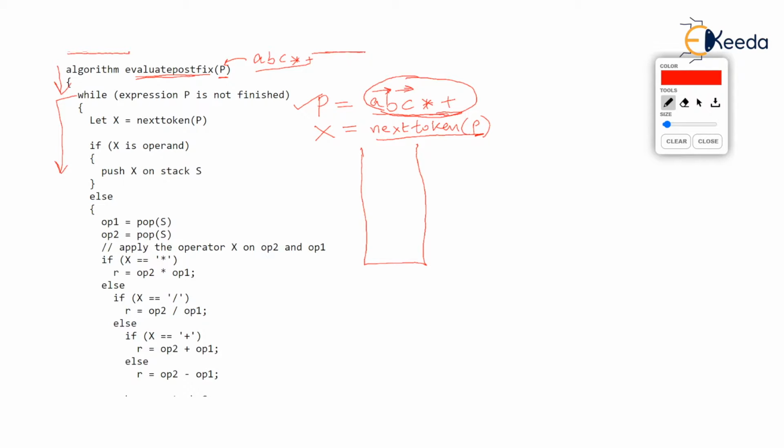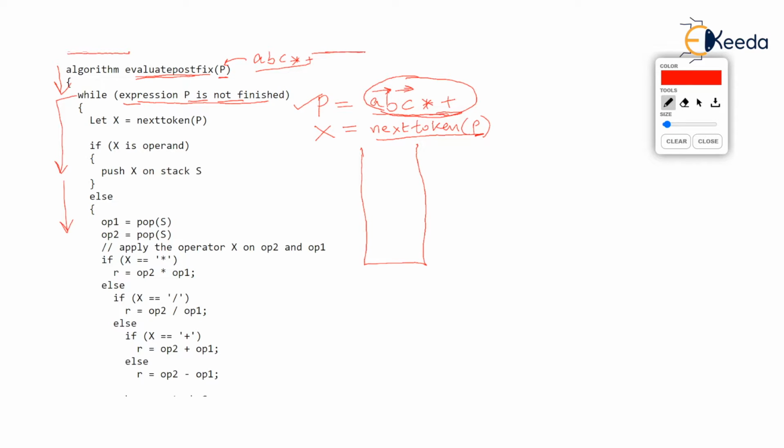When the algorithm starts, the entire algorithm is controlled by the while loop. So when this while will end, the algorithm will end. And the while boolean expression is: while expression P is not finished. Look at this. We can write such conditions in the algorithm. It's as if we are writing some English paragraph.